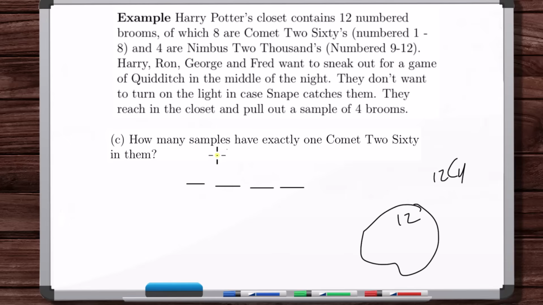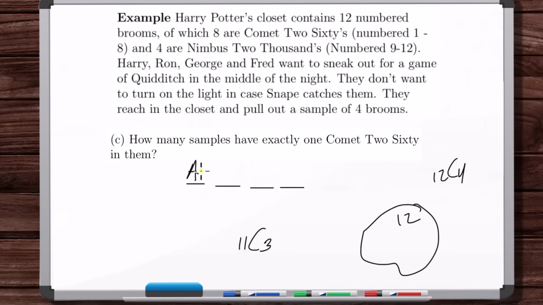So, we chose a Comet 260. Let's say that's what this A is. So now the question is, what are the possible outcomes here? Well, we have 11 left, right? It's going to be 11 choose 3.